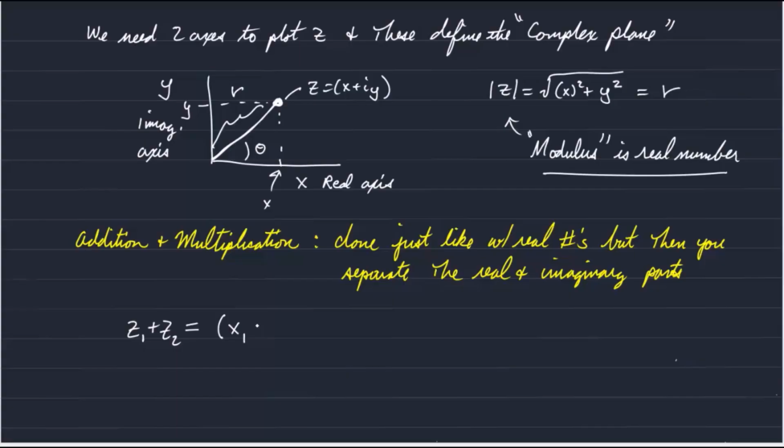We have x1 plus i y1 for z1, and then we're going to add z2, which is x2 plus i y2, and that's simply equal to x1 plus x2, that's the real part, plus the imaginary part, which is i times y1 plus y2.